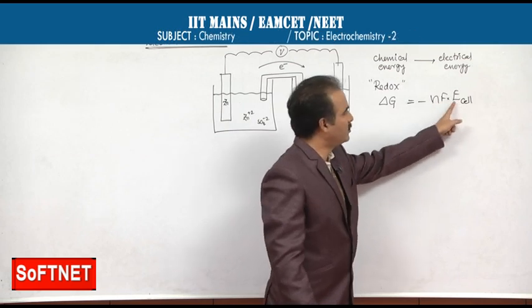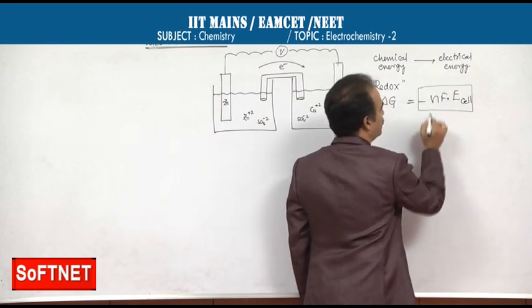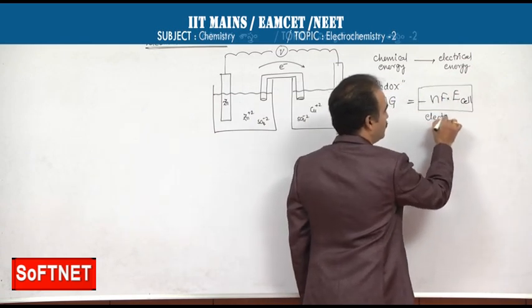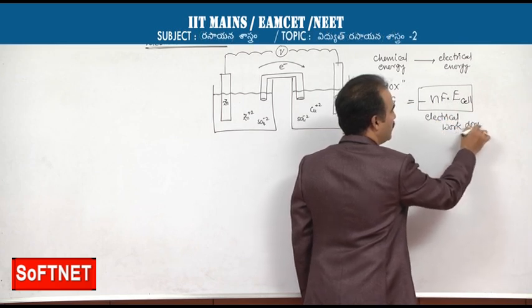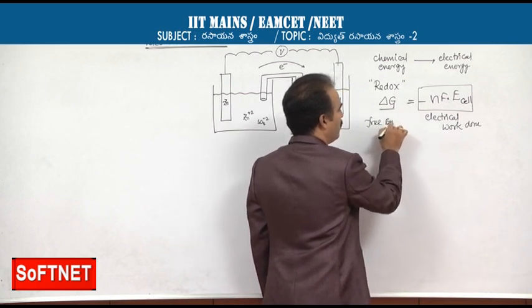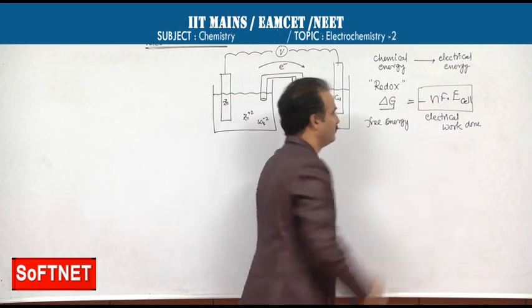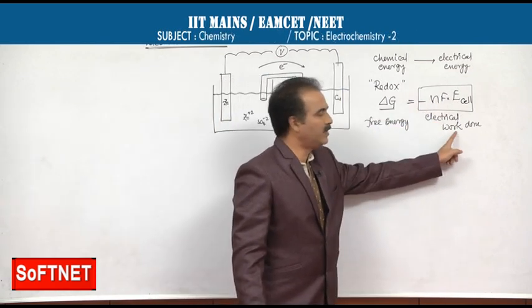The product of these two is nothing but electrical work done, and this electrical work done is equivalent to change in free energy of the redox reaction. Change in free energy of the redox reaction converts into electrical work done.